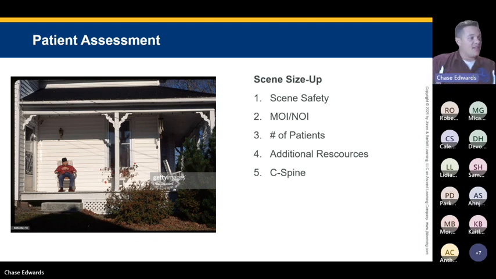And I'll say, "You're inside the patient's living room, and there are no immediate hazards at this point." Your nature of illness is difficulty breathing. There is one patient. No additional units are needed because everything seems to be going okay. The C-spine's not necessary due to the nature of illness.